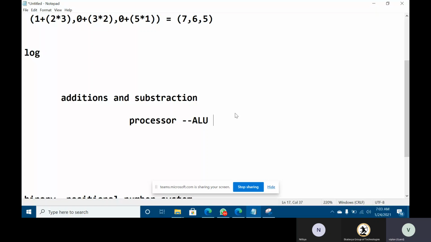In that arithmetic logical unit, we have arithmetic operations. So what are those arithmetic operations? Addition, subtraction, multiplication, division, exponential, all these arithmetic operations.